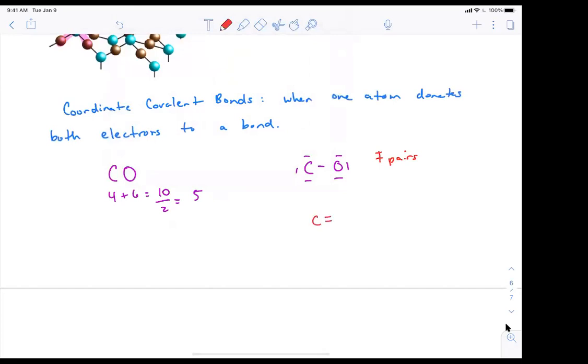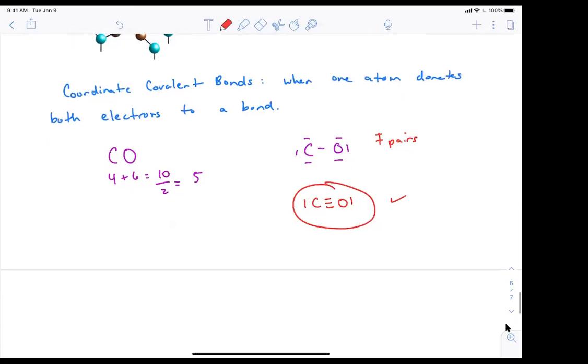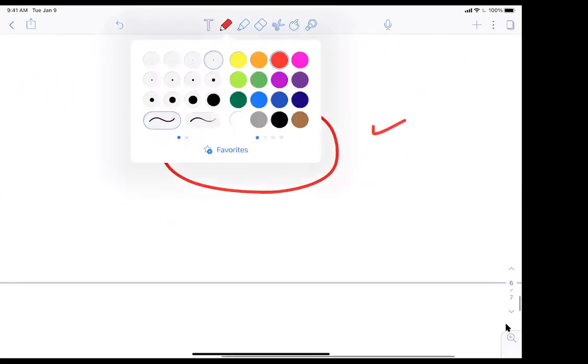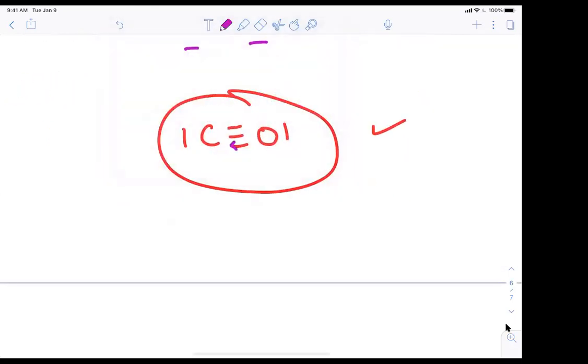So it ends up being this. The problem is, if you just drew out your electrons, you wouldn't ever see this structure, because carbon only has 4 electrons. So how are you going to get a triple bond and a lone pair on there? It's because of this last bond, where we draw an arrow to show that it is a coordinate covalent bond.